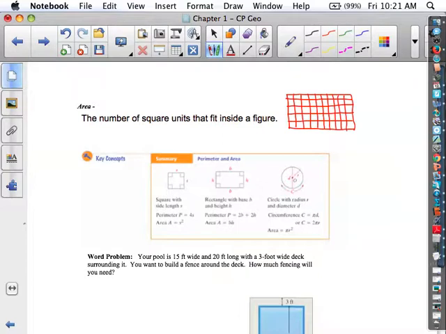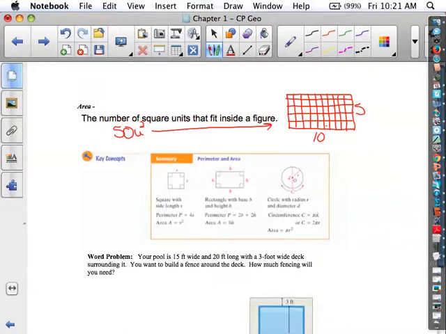Okay, so this is 1, 2, 3, 4, 5, 6, 7, 8, 9, 10 units long and 5 units high. So I would have 50 units squared in that particular figure.